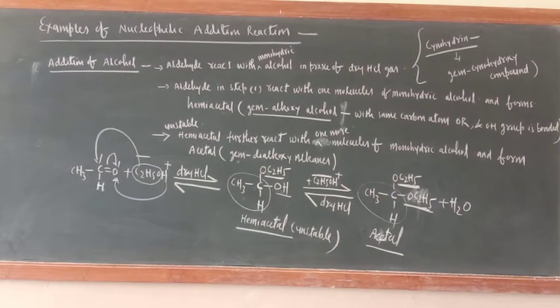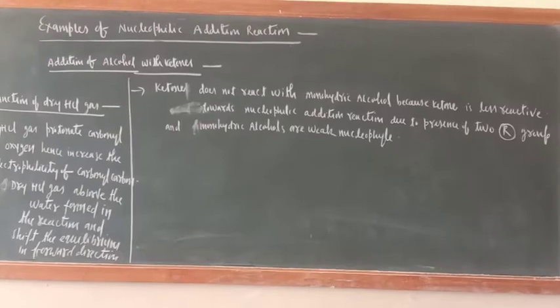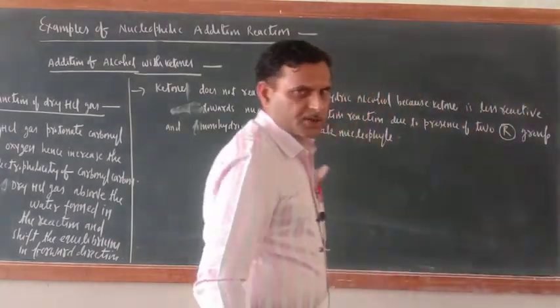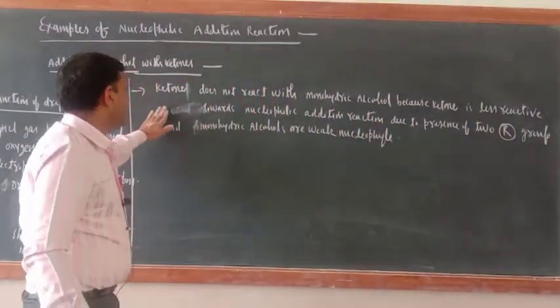Why does ketone not react with monohydric alcohol? Because ketone reactivity is less than aldehyde, that is one thing. The second thing is that alcohol is a weak nucleophile. Okay, that is why acetone does not react with monohydric alcohol, but it reacts with dihydric alcohol. So now, addition of alcohol to ketones. Ketones means acetone only, because we have only one representative member.